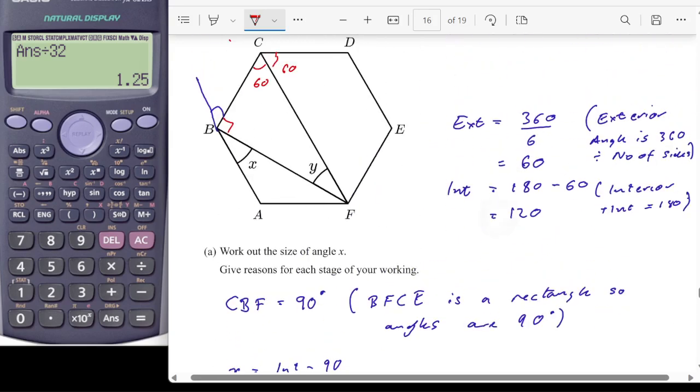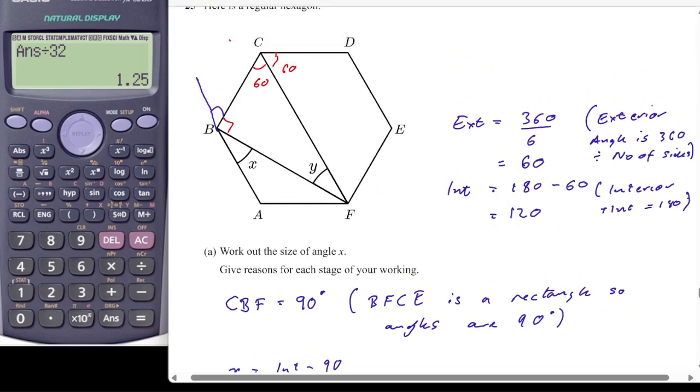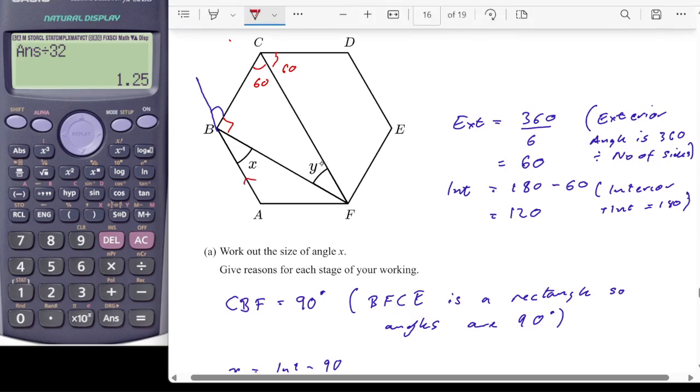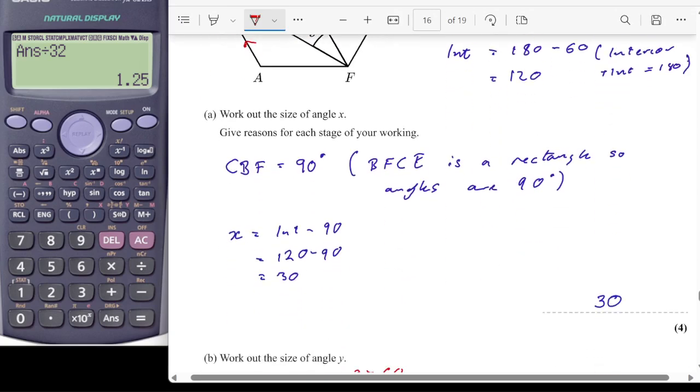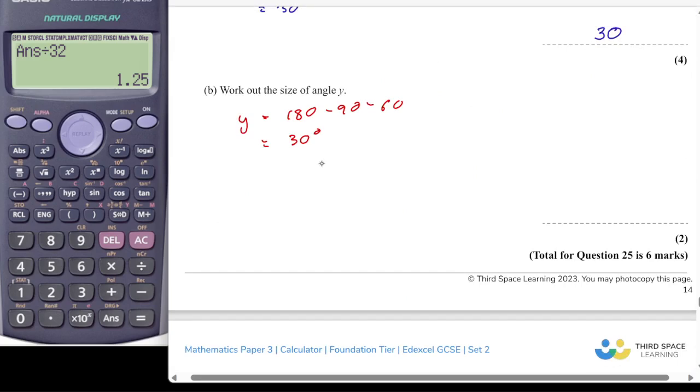Or alternatively, we could have argued that that line and that line are parallel, and we've got an alternate angle there, so that would have worked. That would have been much quicker. Okay, 30 degrees.